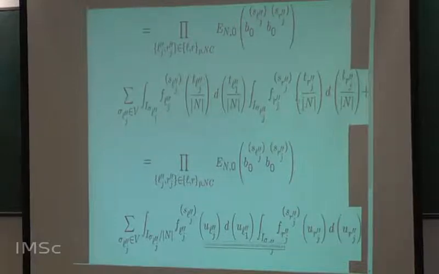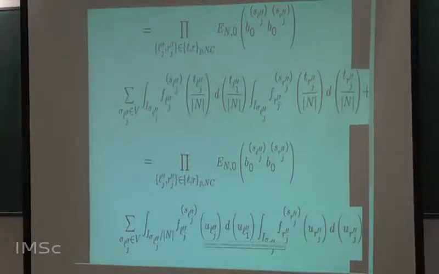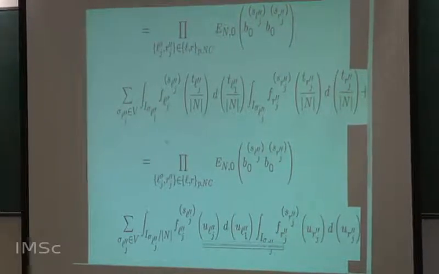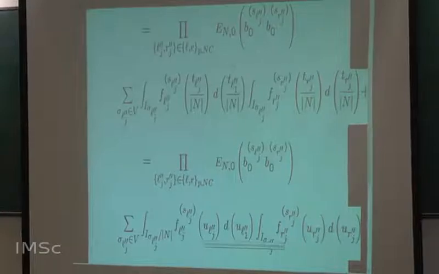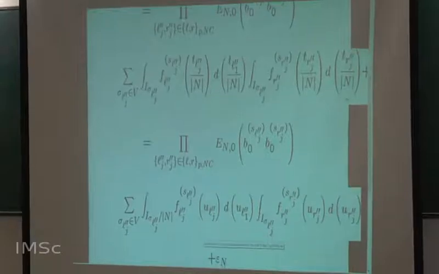Now, as I said, I have a split. I have one factor 1 over cardinality of n for each of the PNC pairs. And so I bring each factor under the corresponding integration variable.